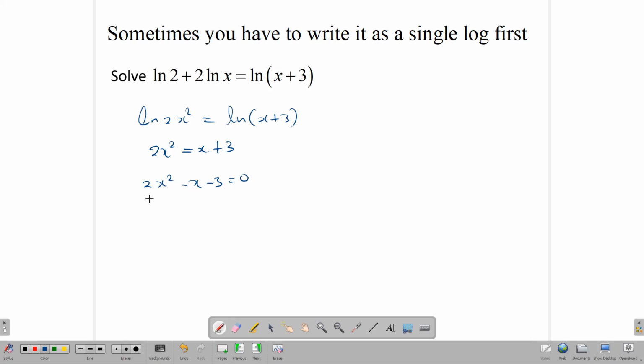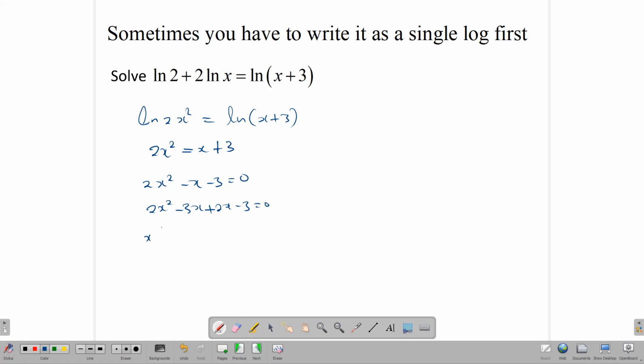This equation can be factorized. And so your factors would be 2, 3, 6. It would be 2x squared minus 3x plus 2x minus 3. Of course, you could use the formula or whatever method you want to solve it.